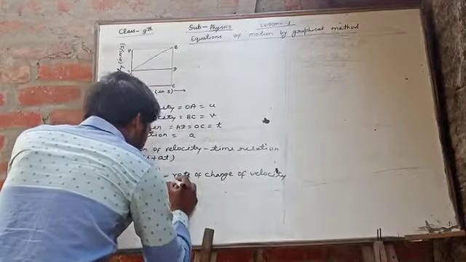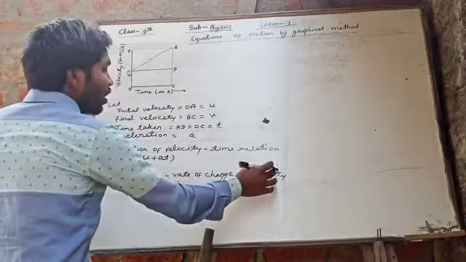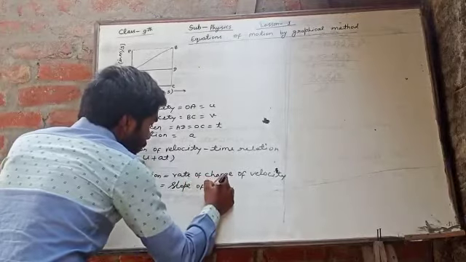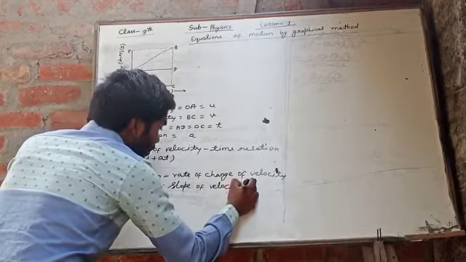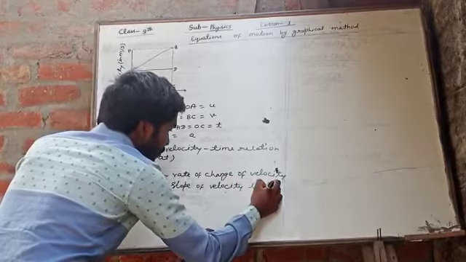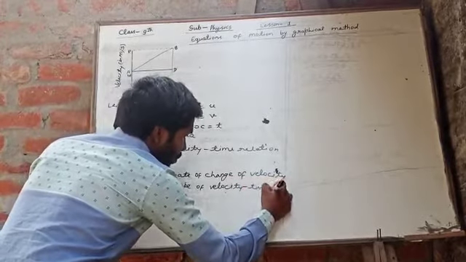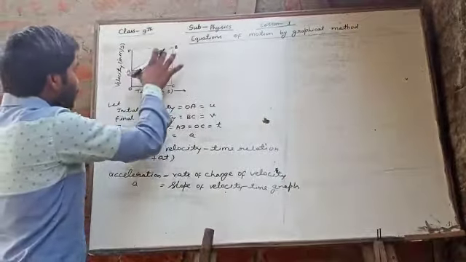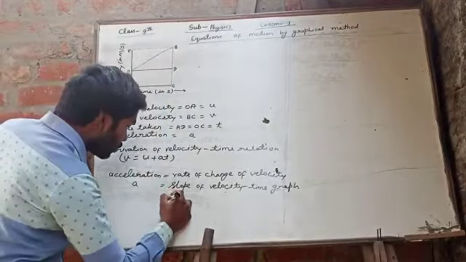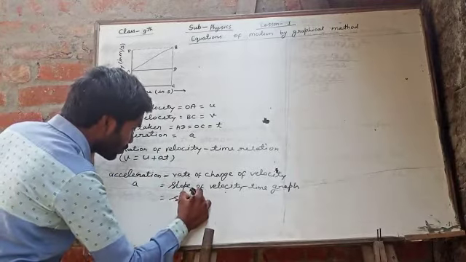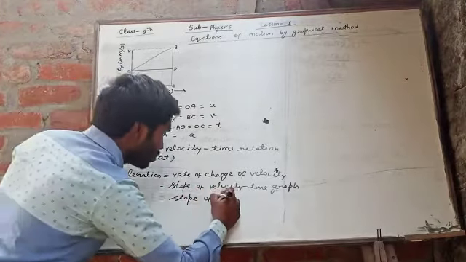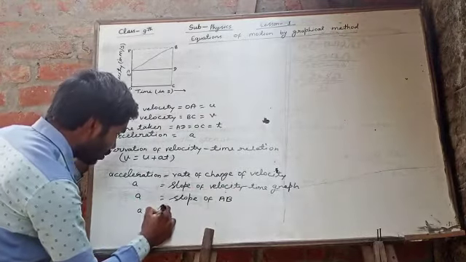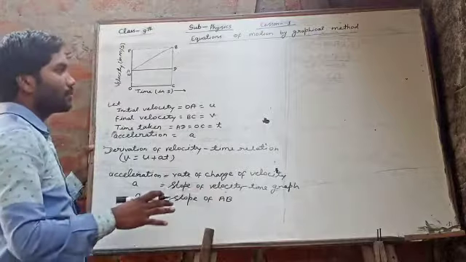So we can say the rate of change of velocity means the slope of the velocity-time graph, and the slope of the velocity-time graph means the slope of AB. So A is equal to the slope of AB.